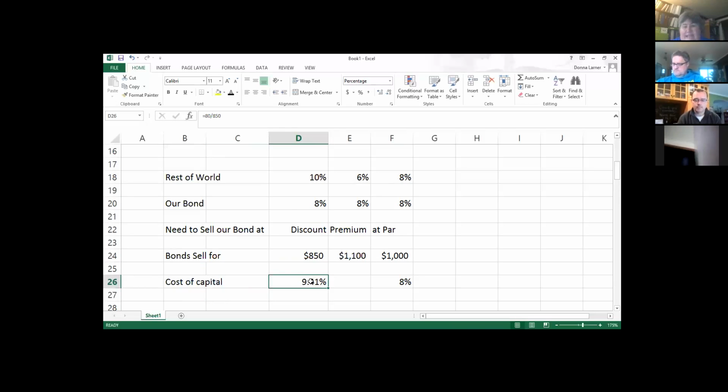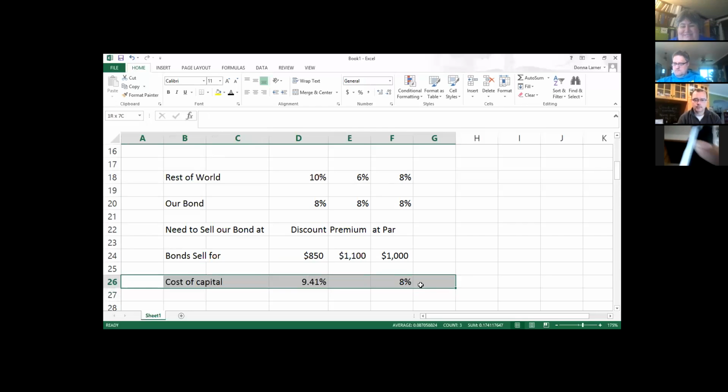This one's cost of capital is actually a little more complicated. Not much, though. So let's just kind of go with that. All your problems give you this. They don't make you figure it out.